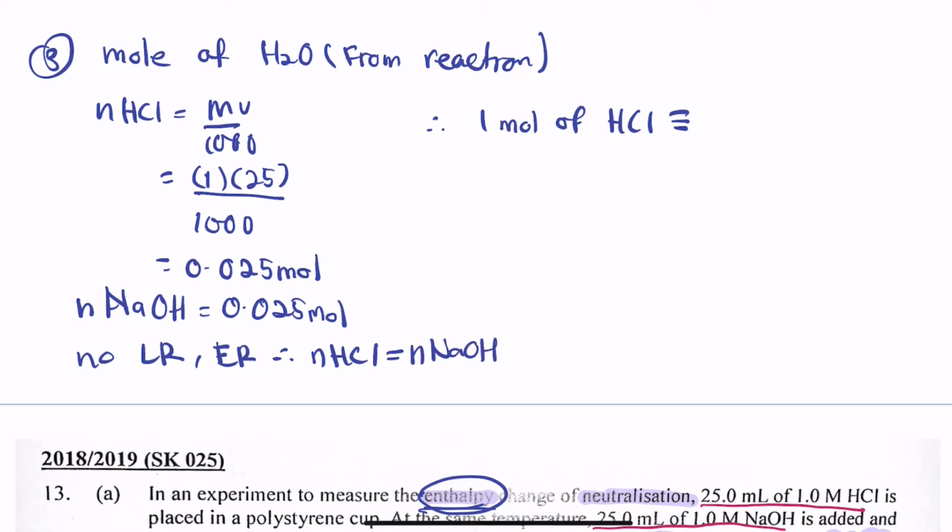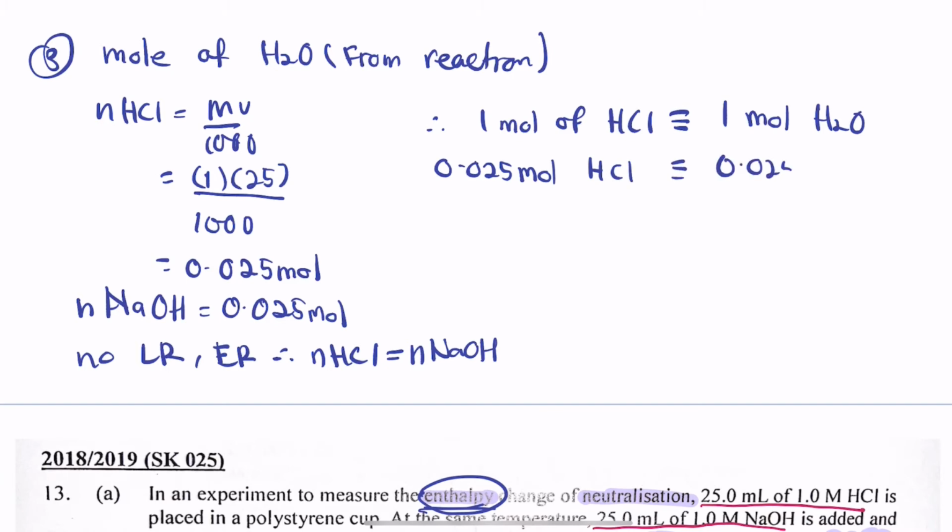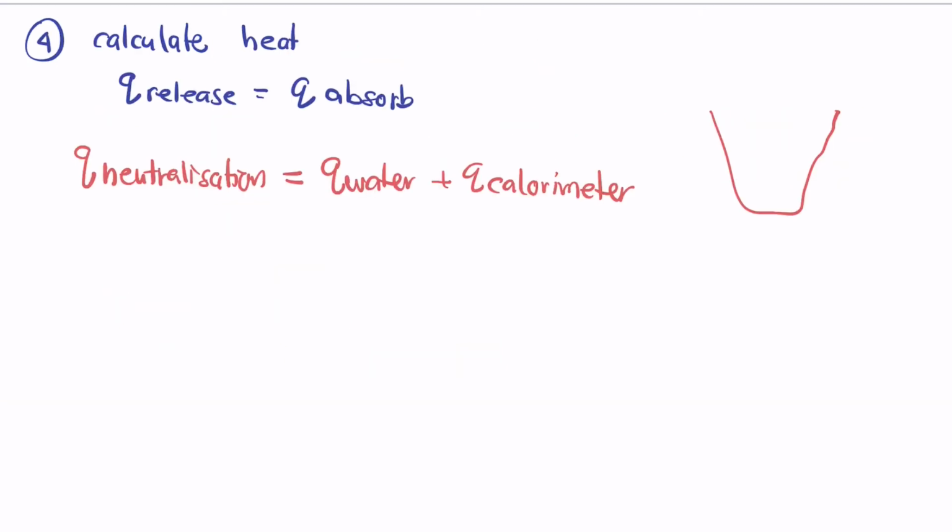Okay. So now 1 mole of HCl produces 1 mole of water. So you are using 0.025 mole of HCl. So you will get 0.025 mole of H2O.